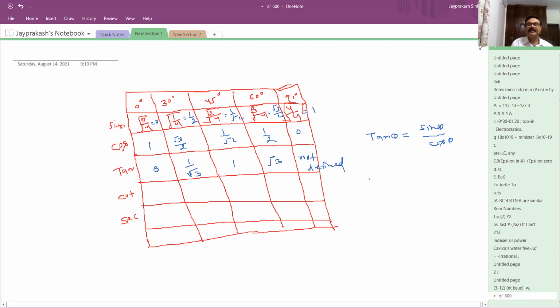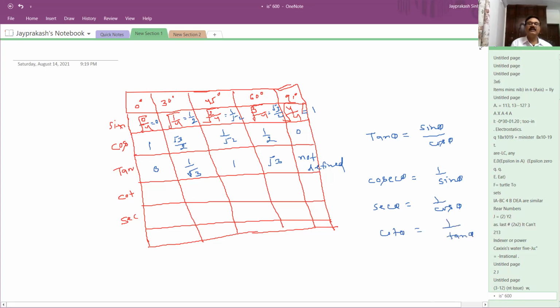Similarly, we already know that cosec theta is equal to 1 upon sine theta. Sec theta is equal to 1 upon cos theta. And cot theta is equal to 1 upon tan theta.